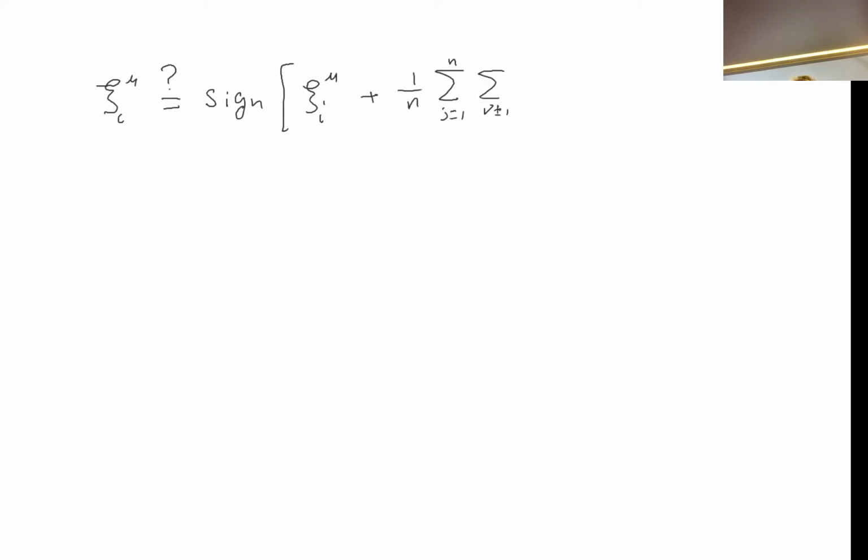Nu not equal to mu, so there are p minus 1 terms in that sum, of squiggle I nu, squiggle j nu, squiggle j mu. So how big is this term?